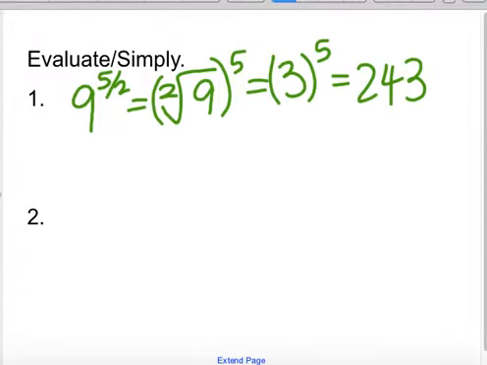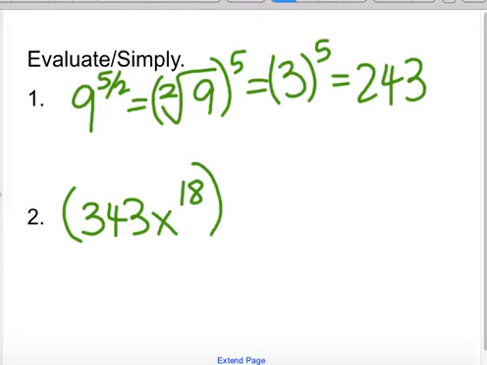And one last example. Again, if you have variables and exponents, or coefficients and exponents mixed together, let's say that we have 343x to the 18th all to the 1/3.